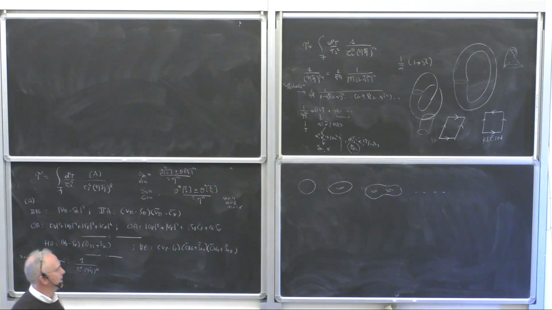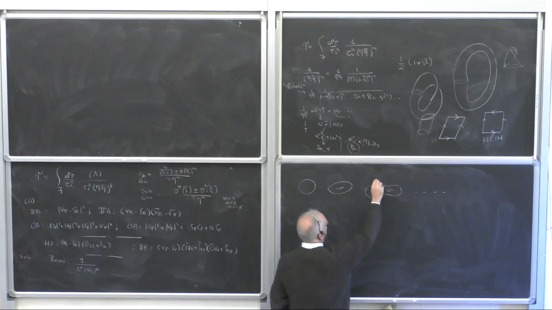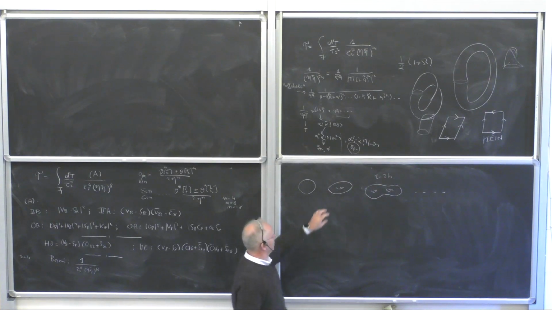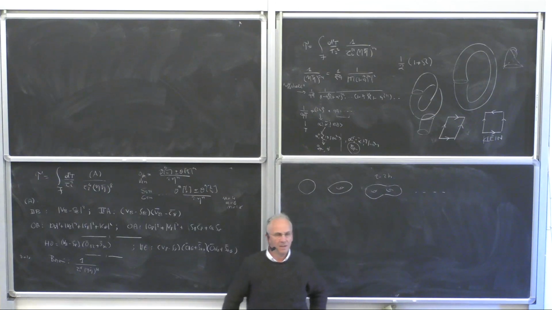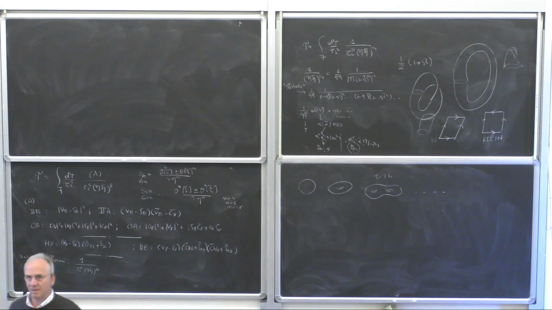Okay? In fact, these are classified by genus, and the Euler character is two minus twice the number of handles. The number of handles is this intuitive object structure that is present in the diagrams.